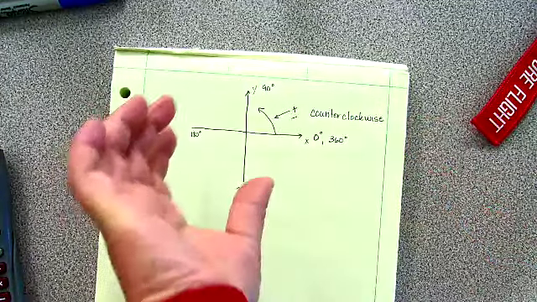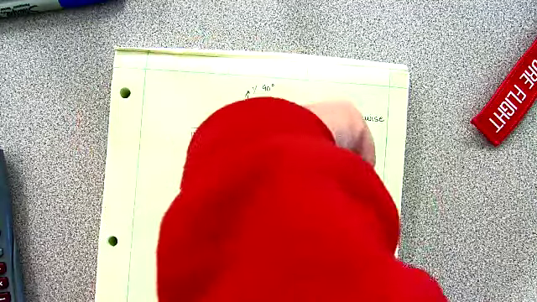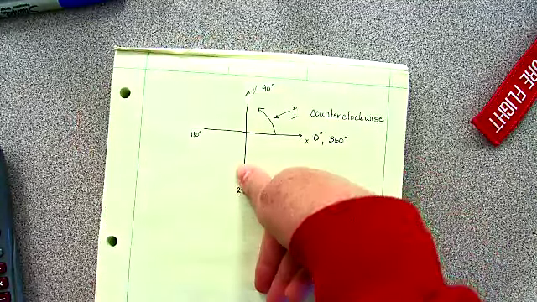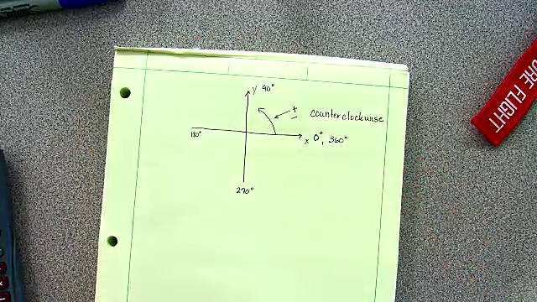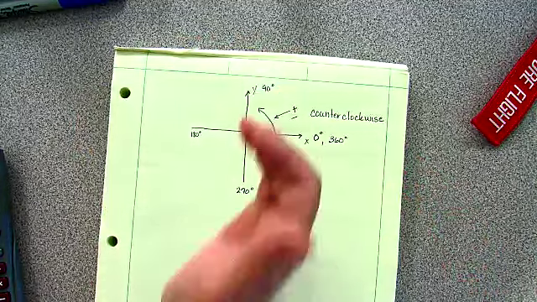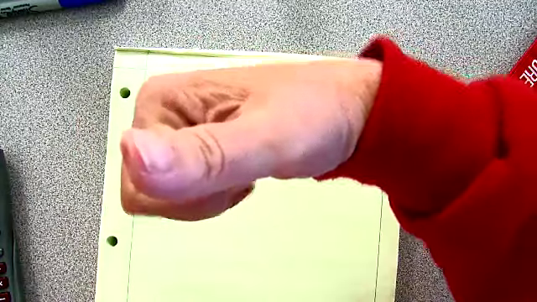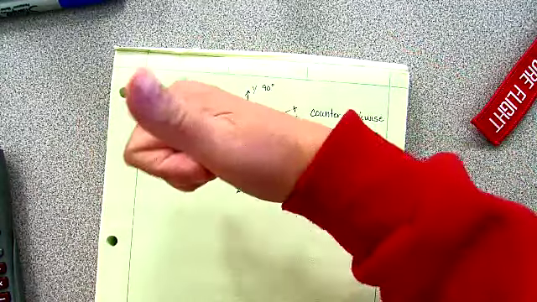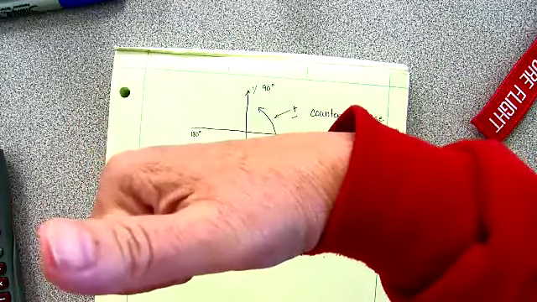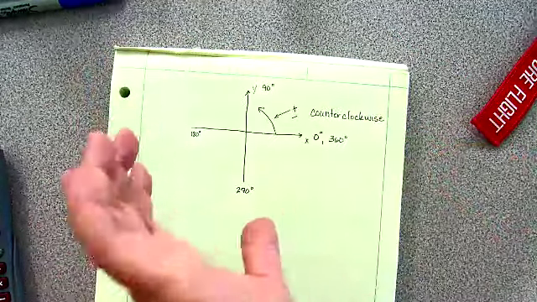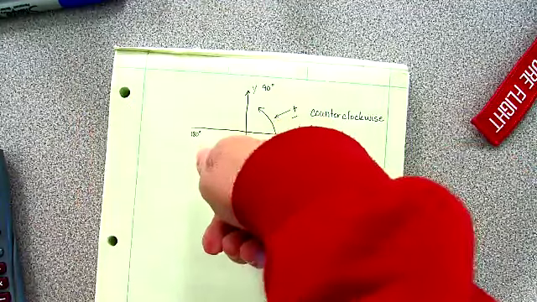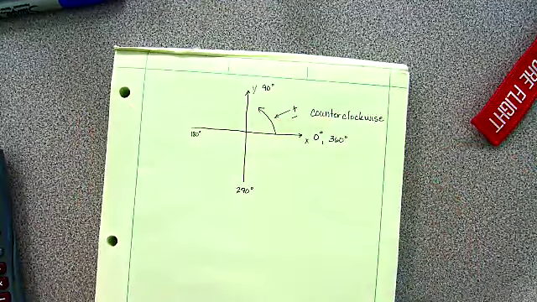If we went clockwise, my thumb would go into the page. And if you think about a screwdriver, righty-tighty, lefty-loosey, if I'm turning to the left, I'm coming out of the page, I'm unscrewing the screw and bringing the screw up. If I'm screwing in the screw, I'm going the other direction.